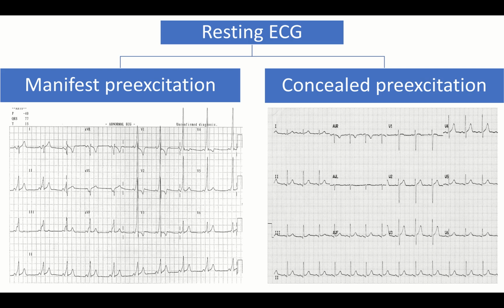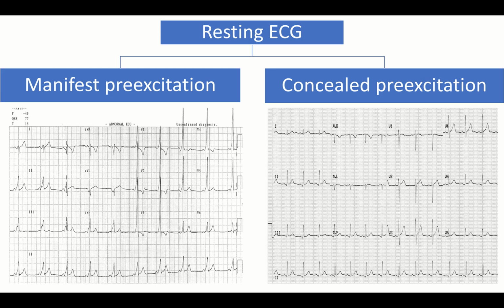And this is the ECG. At the left side, we can appreciate manifest pre-excitation, great delta wave at V1 and in all leads. What does it mean? The accessory pathway is manifest. Accessory pathway has antegrade conduction. Meanwhile, on the right hand, it's a concealed pre-excitation.